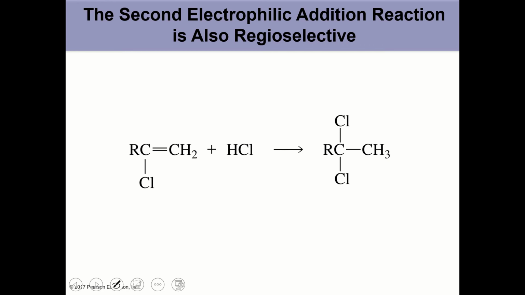When we add chlorine, we don't change the substitution of the carbon. It still has only 2 bonds to carbon, and the other carbon, the CH2, has only 1 bond to carbon. So now when we add another equivalent of HCl to our halogenated alkene, that chloride ion is still going to add to the more substituted carbon.